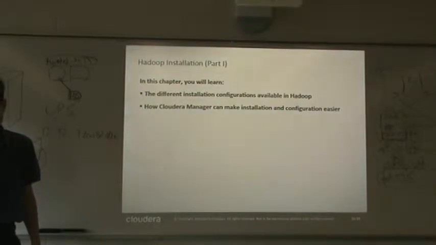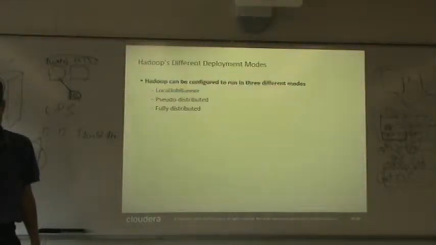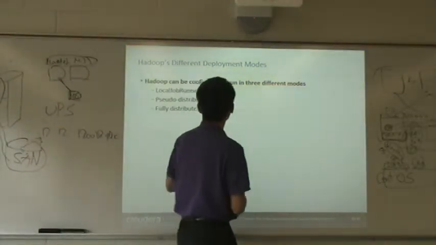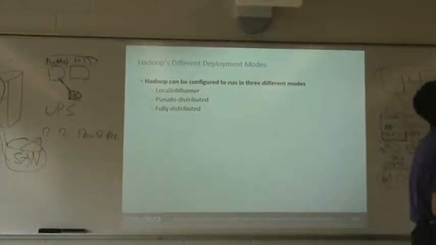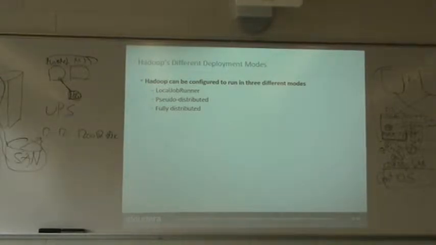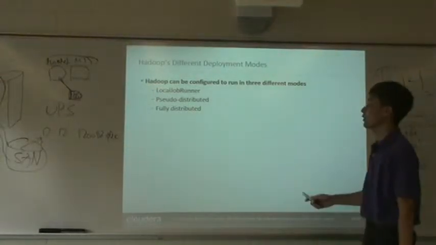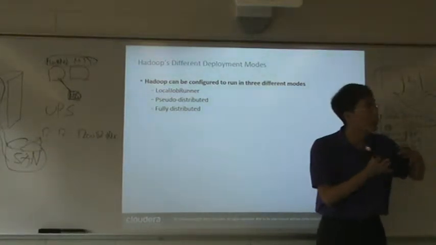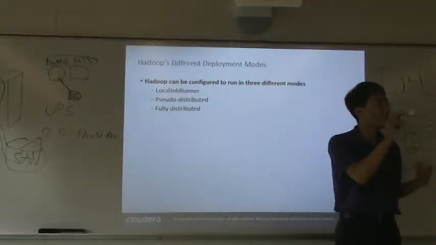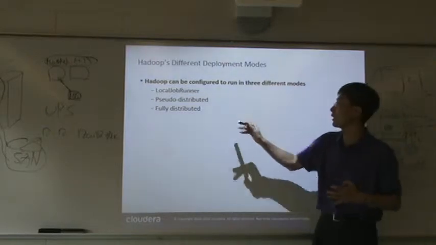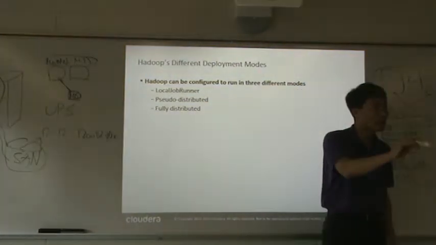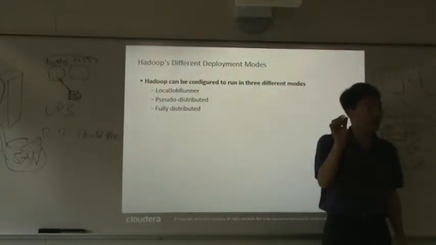So first we are going to install the Hadoop system. As we have discussed, there are three types of Hadoop. One is the local job runner. It uses the local file system, not HDFS, and focuses on the MapReduce program. Pseudo-distributed, or pseudo cluster, is the same thing that you are using in the exercise lab.